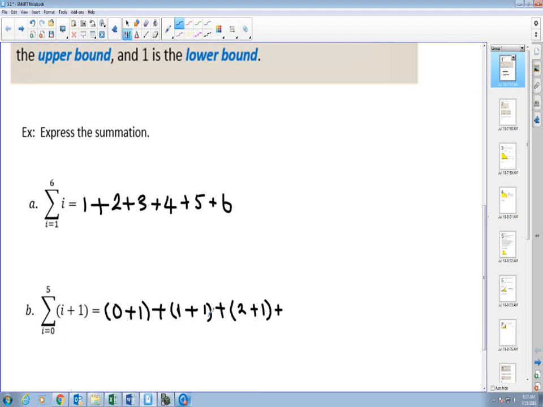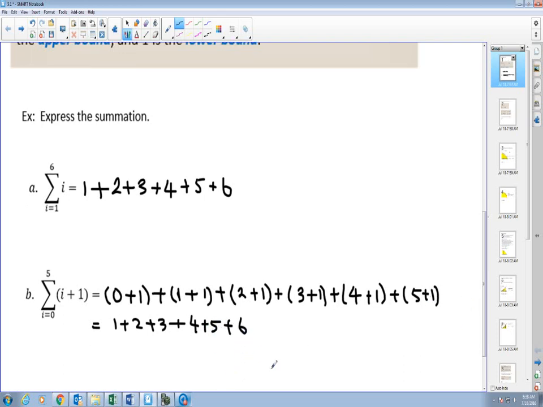So that's 0, 1, 2, 3, the next one after 3 is 4, and then the last one is 5. If I simplify, this is actually going to be 1 plus 2 plus 3 plus 4 plus 5, and then the last one, 5 plus 1, will be plus 6.